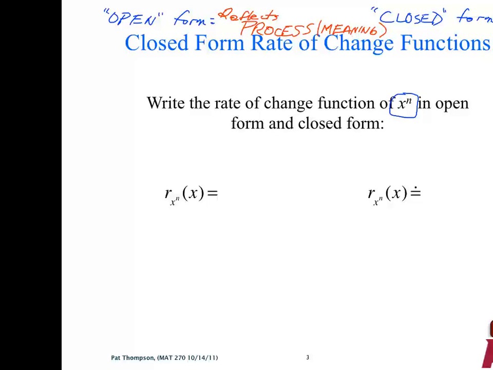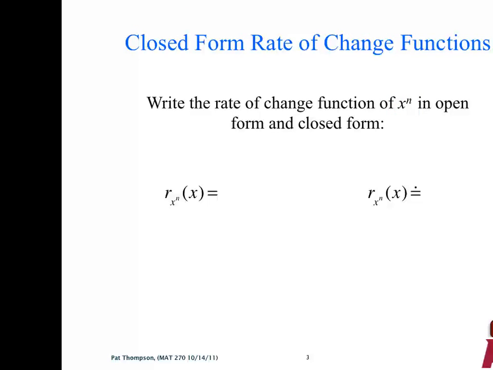Plug in x's, we spit out rapid fire rates of change. Okay? So never lose sight when we talk about open form or closed form. Open form shows the meaning, it shows the derivation, it shows the process. And closed form is the simple function, or relatively simple, that spits out results rapidly, right? And now we're talking specifically about rate from accumulation.